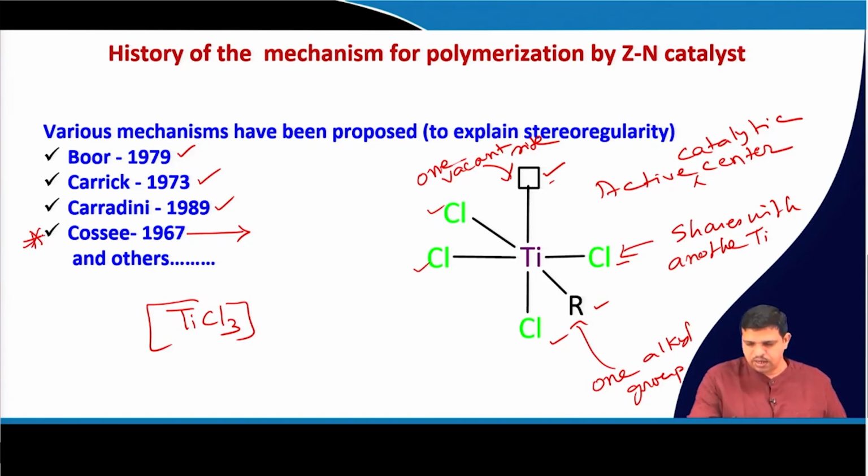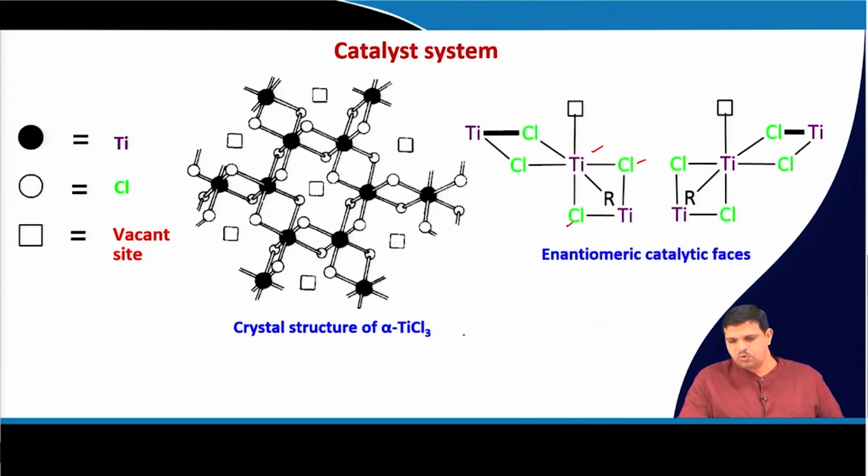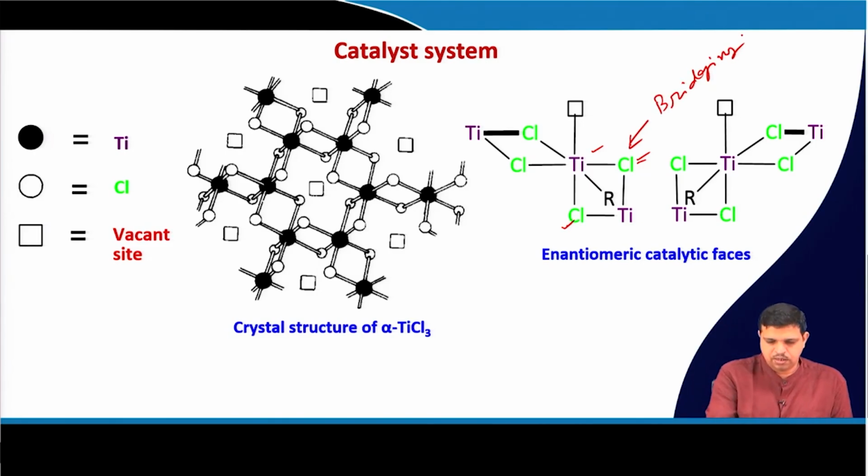So now it is clear how this Ziegler-Natta catalyst looks if you consider it as a single molecule. Here the picture will be more true. As I told, these chlorides are shared through titanium-chloro-titanium bridging. And if you see these molecules, this is the crystal structure of alpha TiCl3.